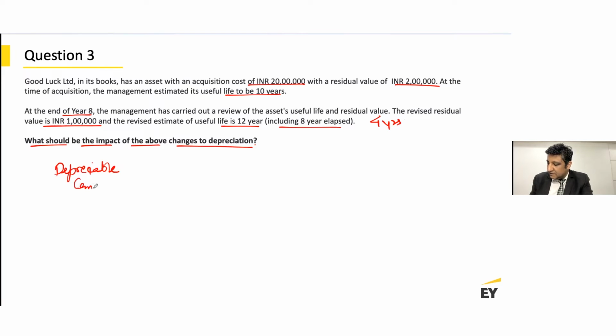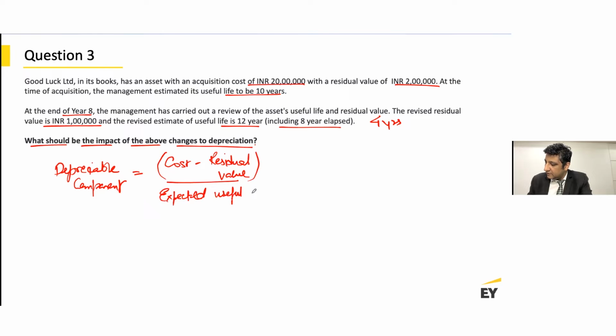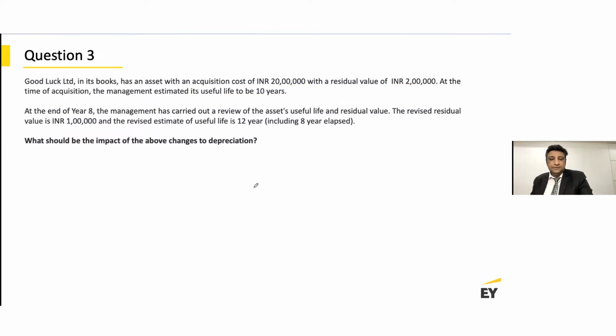The depreciable component is cost minus residual value divided by expected or estimated useful life.